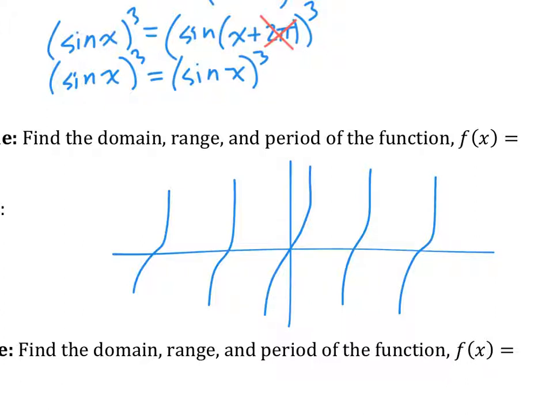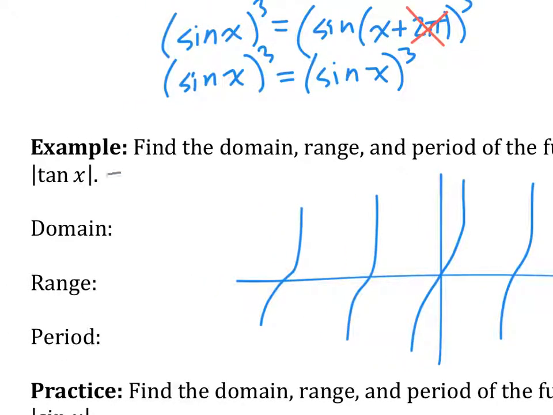Like, what does x not equal to? The asymptotes. So the question is, where are the asymptotes, right? The asymptotes depend on cosine, right? So the question is, what makes cosine 0? What x values make cosine 0? Because this one can't be 0. Pi over 2.